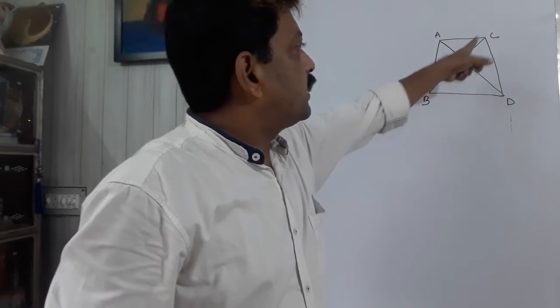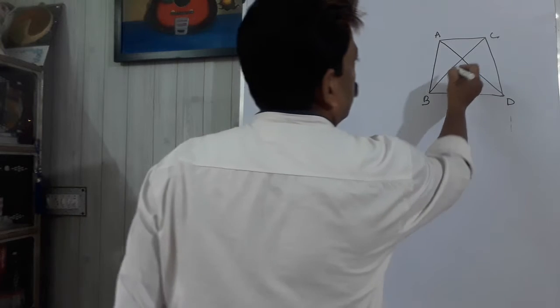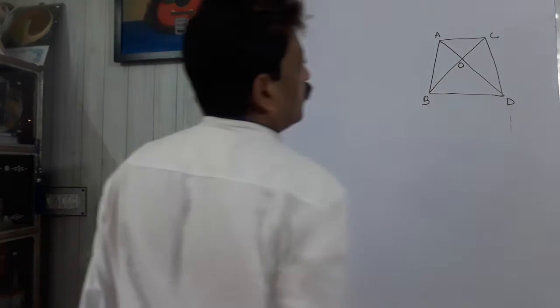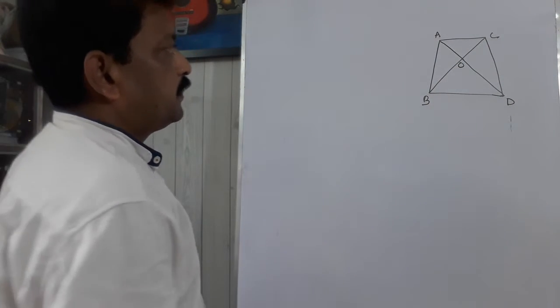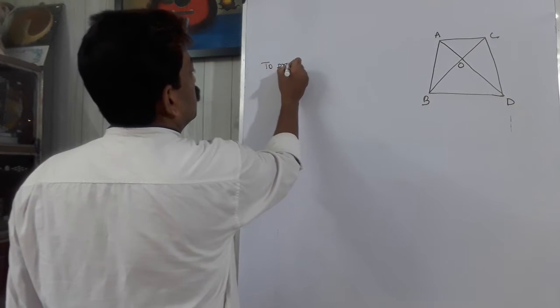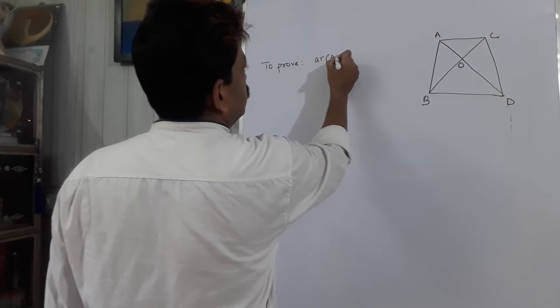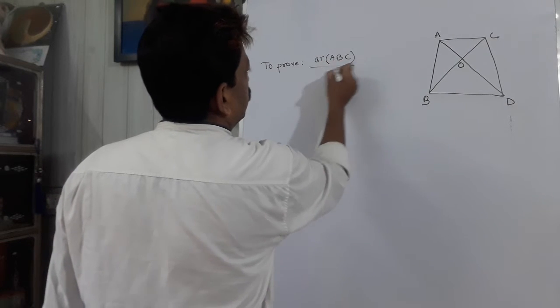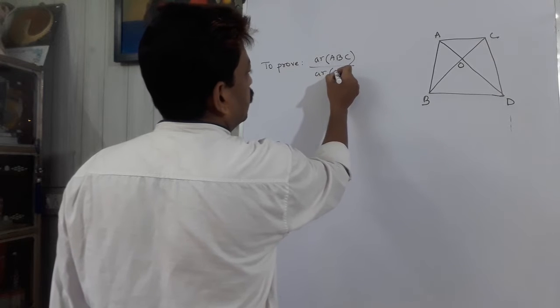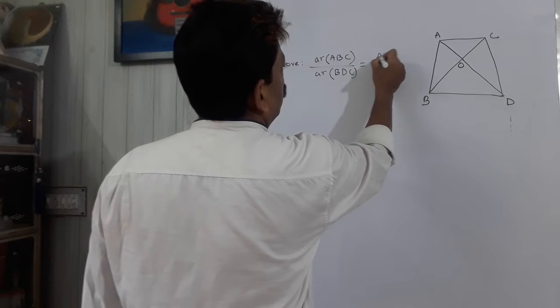AD intersects the base BC at point O. We have to prove that area of triangle ABC upon area of triangle BDC is equal to AO upon BO.